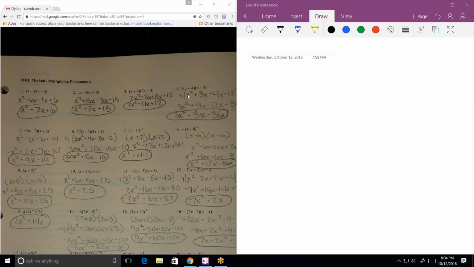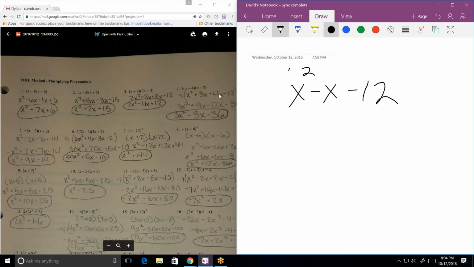Notice that if we took this quadratic in the parentheses on number four and simplified it first, we get x squared minus x minus 12, right? And then if I multiply that by 3, I get the same answer you got.